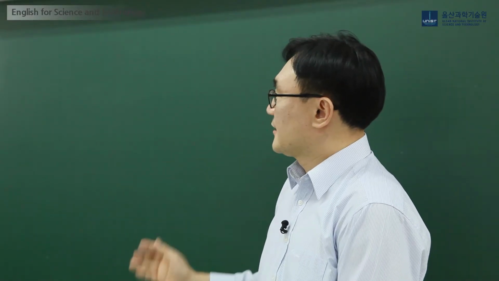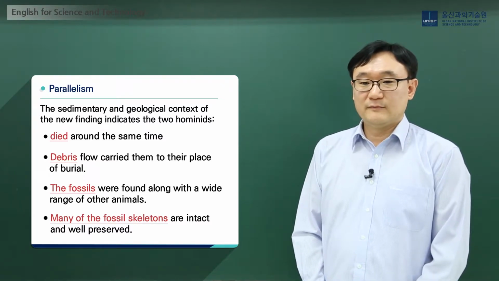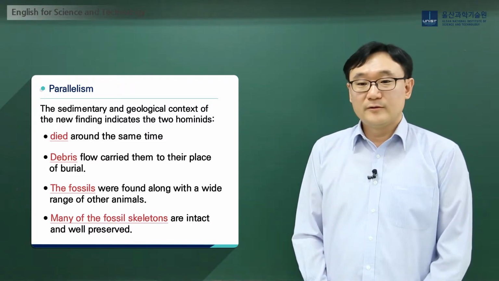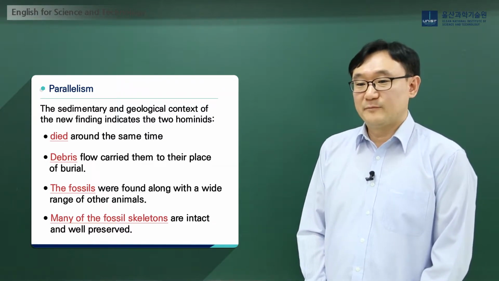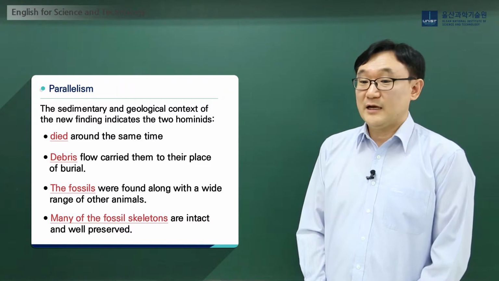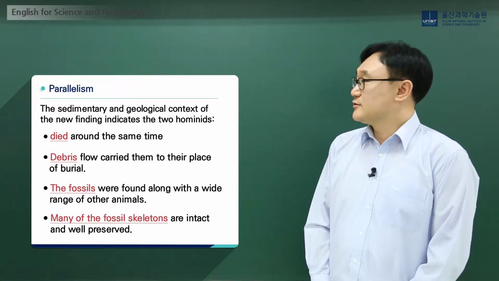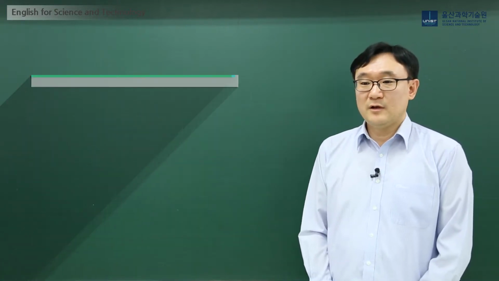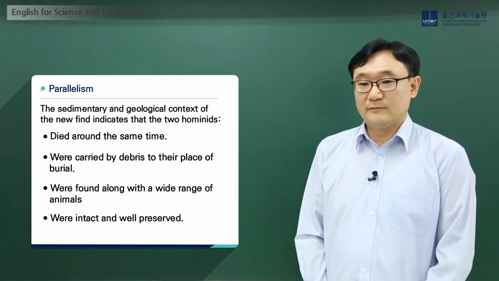Take a look at these examples. Bullets start with verbs. For example, debris flow carried them to their place of burial, which is an active voice. Now that changed it into passive voice. Were carried by debris to their place of burial.